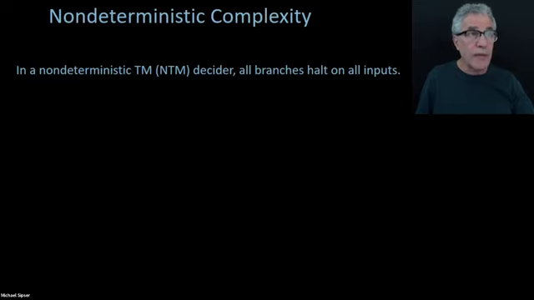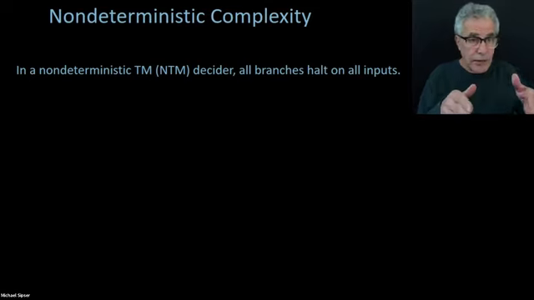So what do we mean when we have a non-deterministic machine which is a decider? That simply means that it's not just that the machine halts on every input, but all of the branches halt on every input. The non-deterministic machine has lots of possible branches. They all have to halt, all of them, on every input. That's what makes a non-deterministic machine a decider.